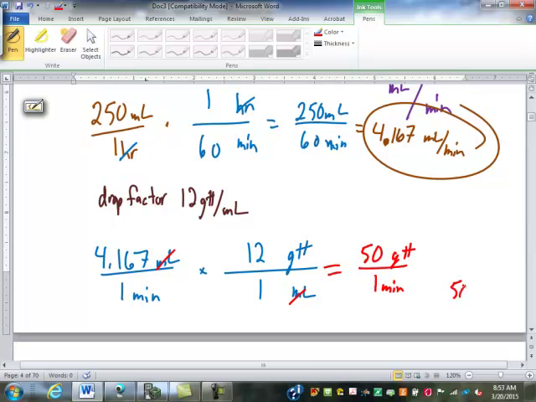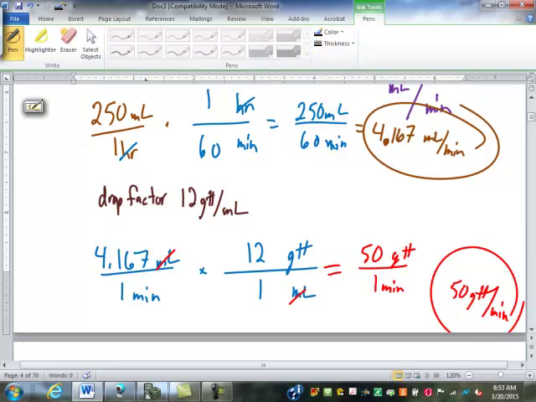Or 50 drops per minute. Now when you multiply that out, you might end up with like 50.12 or something like that. That's because we rounded off that 4.167. It's really 4.1666666. In my head, I didn't round it off, so it came out to exactly 50.